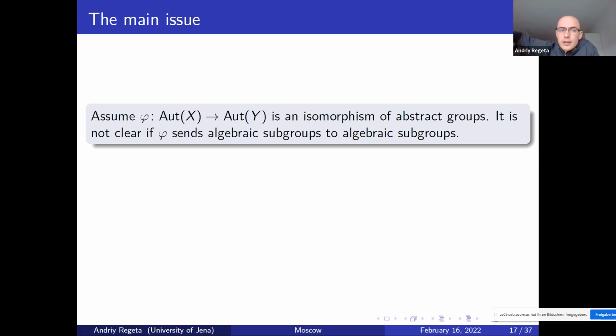It is not clear if phi sends an algebraic subgroup to an algebraic subgroup. It's not clear if phi sends an algebraic subtorus to an algebraic subtorus. Moreover, it's not even clear if Aut Y contains a single algebraic subgroup of positive dimension. It was not clear until quite recent time.